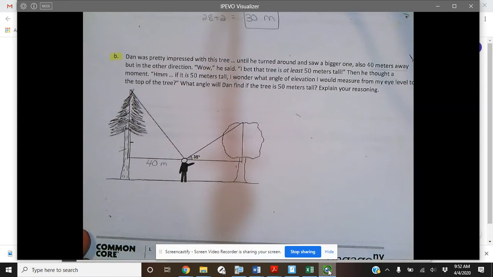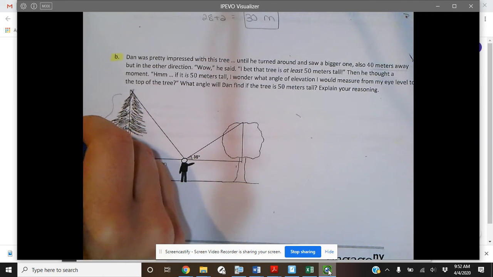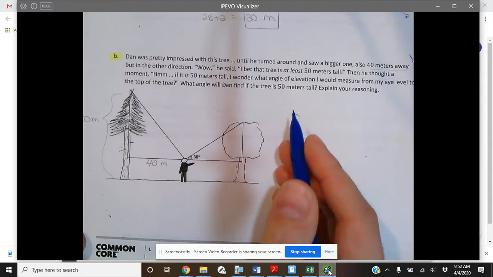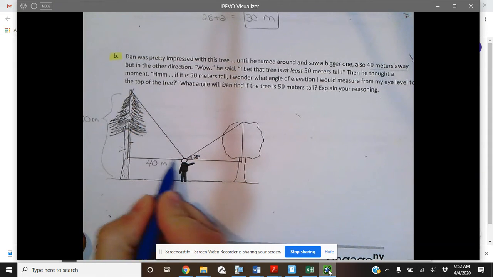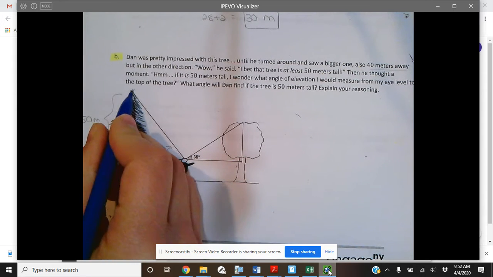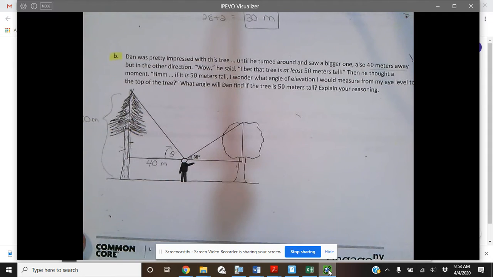So we don't know what the tree is, but we're assuming that it is. So he's saying if the tree is 50 meters tall, he wants to find the angle of elevation. Well, the angle of elevation is always from the horizontal to the incline to the top of the tree. So we're trying to find that angle. Let's call it theta.